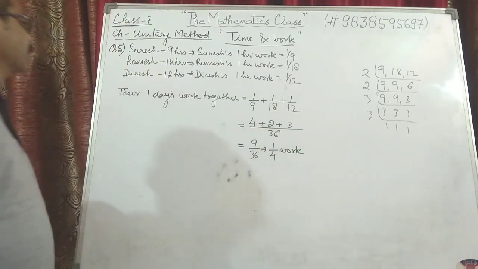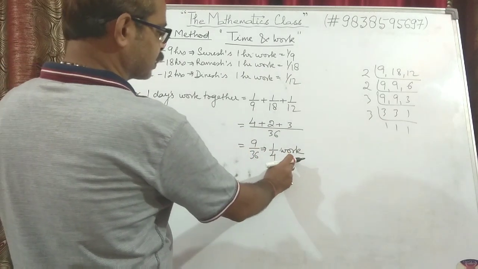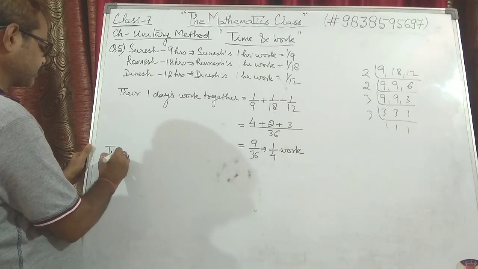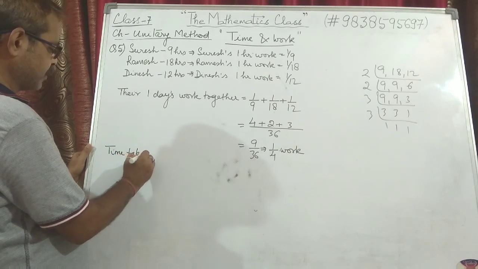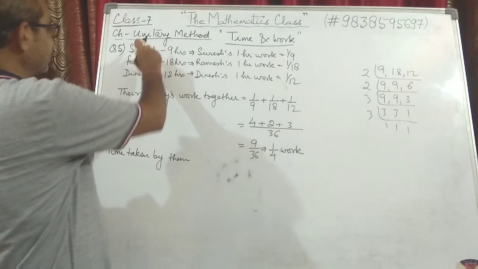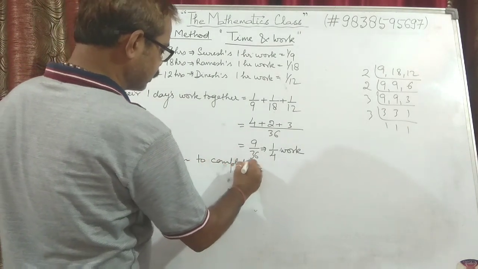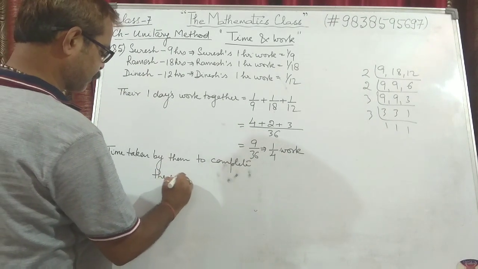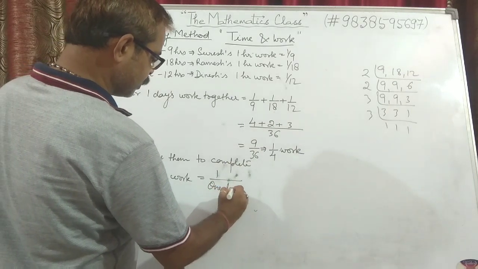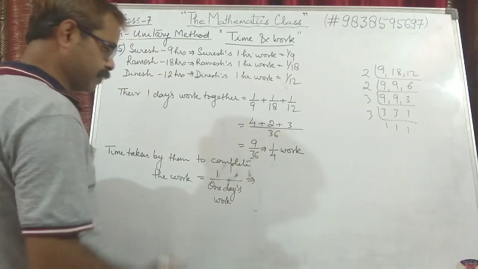Means if Suresh, Ramesh and Dinesh work together, they can complete 1/4 amount of work in 1 day. So the time taken by them to complete the work is equal to 1 upon 1 day's work, that was discussed in the initial phases of the class.